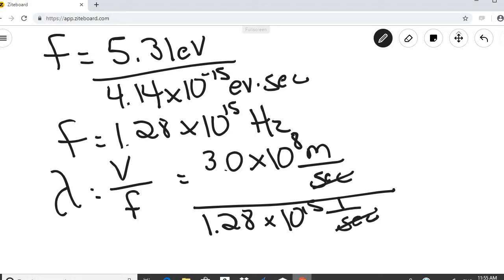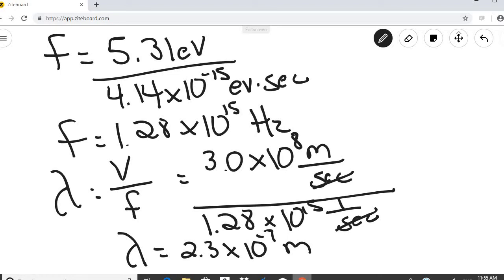Okay, so seconds are going to cancel, but you'll be left with meters. So the wavelength will be equal with two significant figures, 2.3 times 10 to the negative 7 meters. Okay, so that's the wavelength.